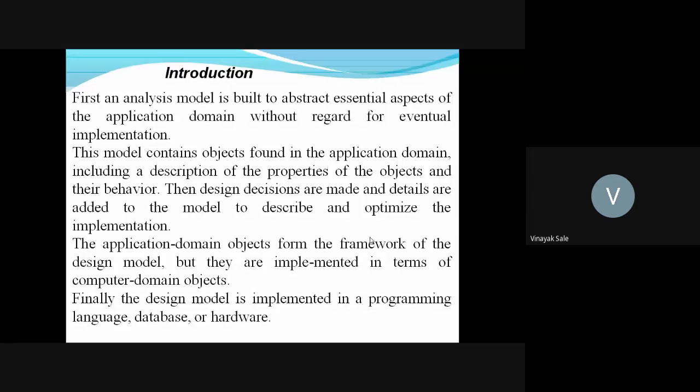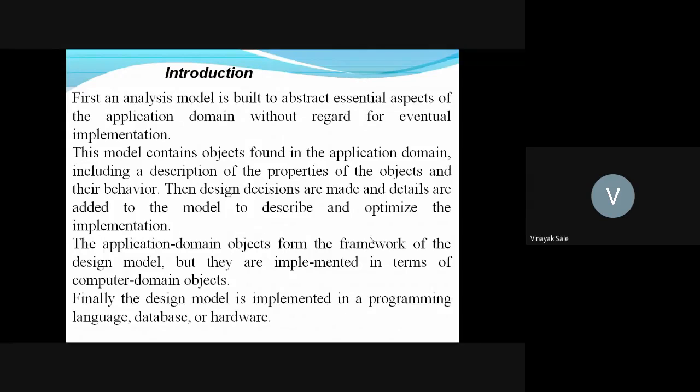So the first analysis model is built to abstract the essential aspects of the application domain without regard for eventual implementation. This model contains objects found in the application domain, including a description of the properties of the objects and their behavior.